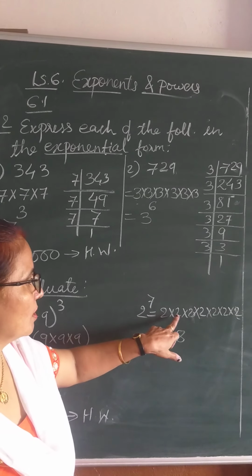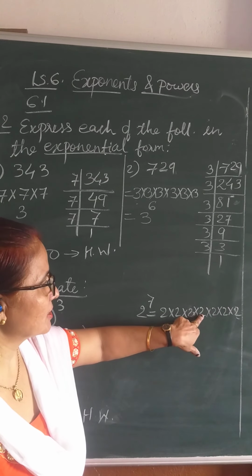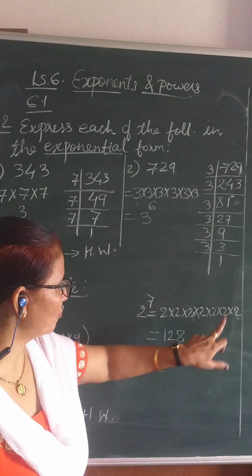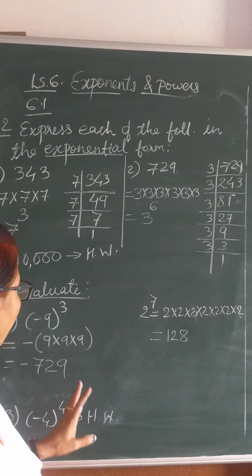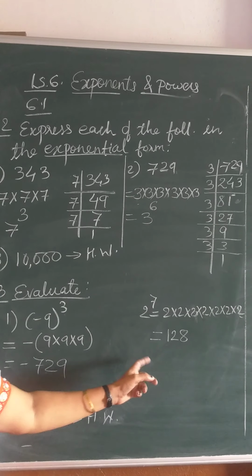See again, 2 twos are 4, 4 fours are 16, 16 fours are 64, and 64 multiplied by 2 is what? 128. Evaluate means you have to find its answer.